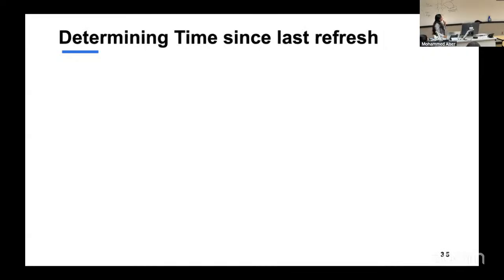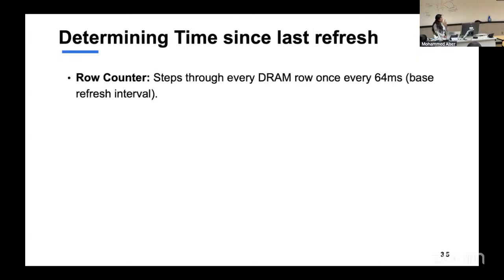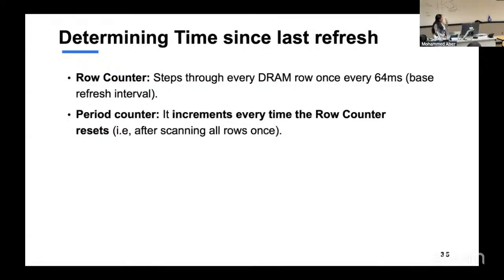And then you may have a doubt: how is the time since the last refresh calculated for retention? Let's go with that. As we already know, the row counter and period counter play a major role. Every DRAM row is refreshed every 64 milliseconds, and the period counter increments every time the row counter resets.